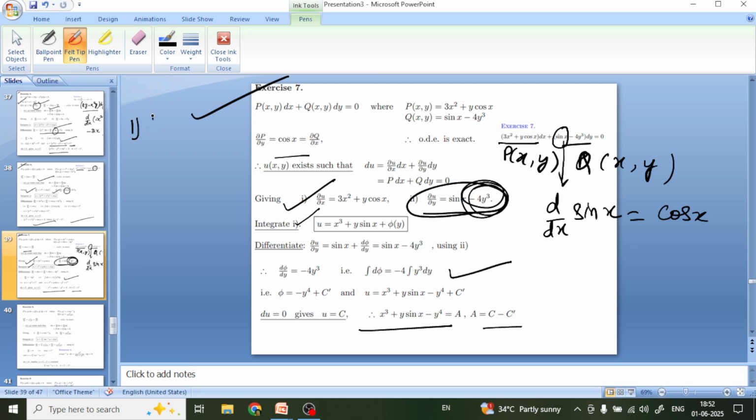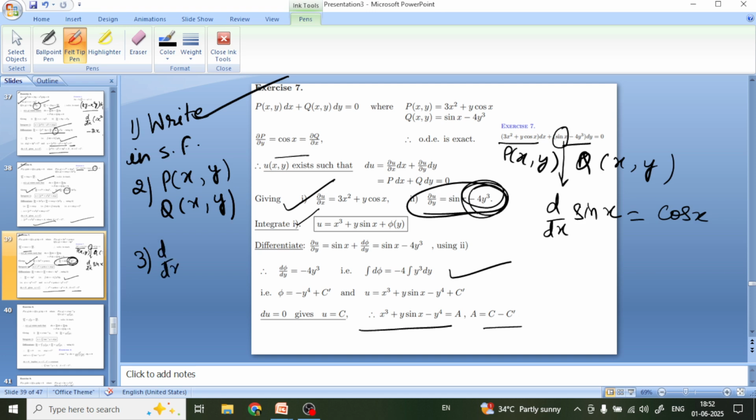First step is you have to write in standard form. Second step, you have to find P(x, y), Q(x, y), and then you have to find the derivative of the x value in Q(x, y).